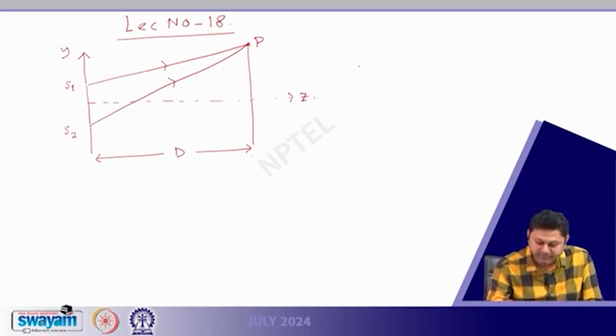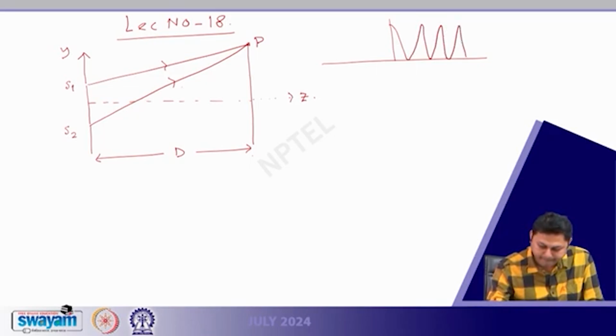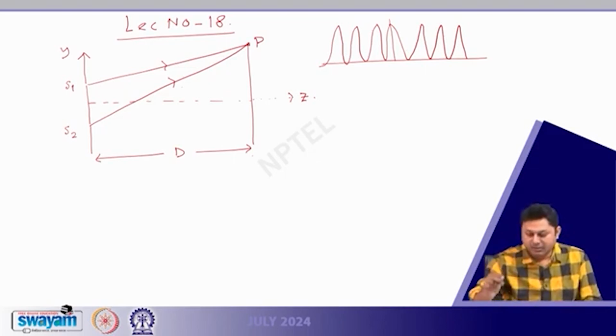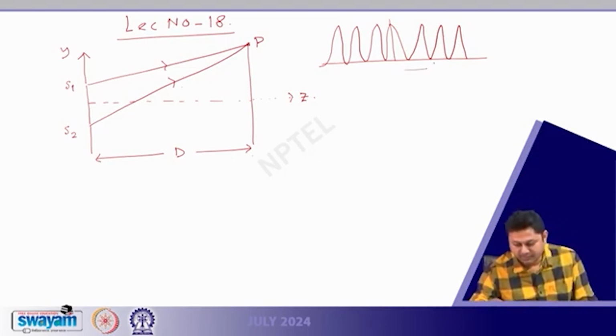That interference pattern looks like a cos square function, like this. This is the direction of theta.